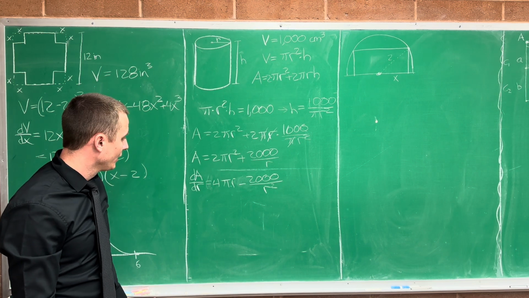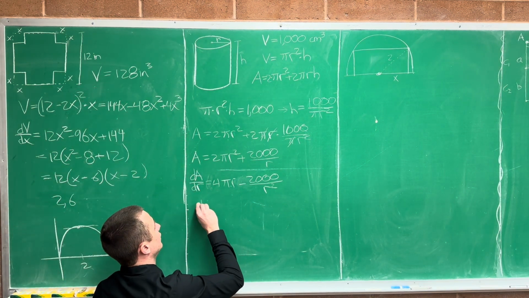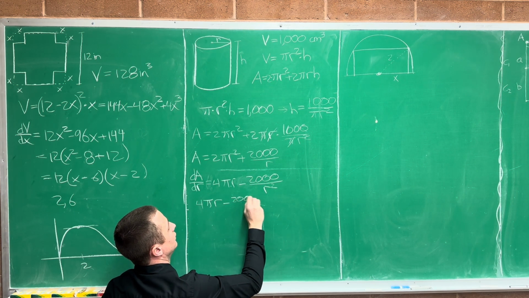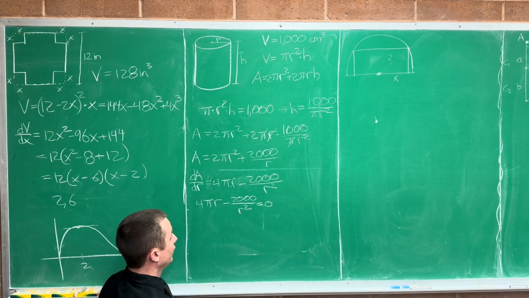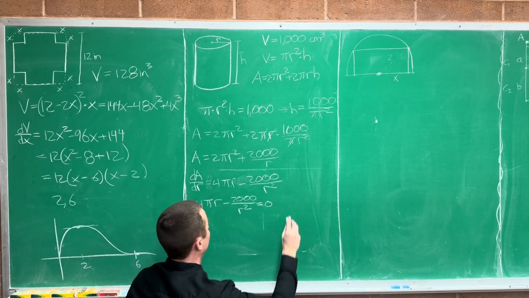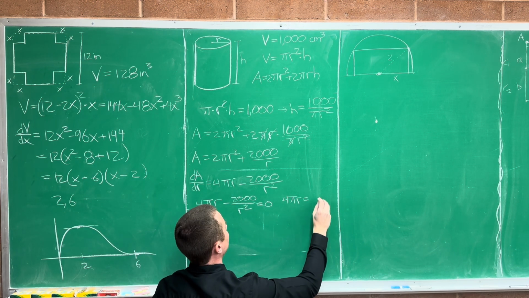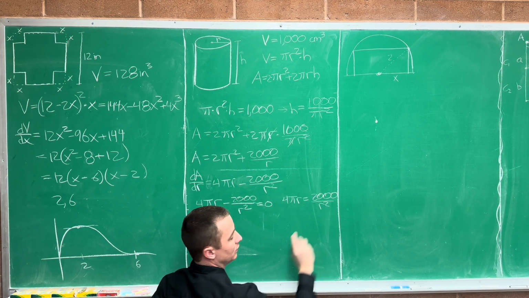Okay. Now, where is this equal to 0? So I want to know where is 4 pi r minus 2,000 over r squared equal to 0. That's going to happen when this equals that. Just move that to the other side. So that is going to be when 4 pi r is equal to 2,000 over r squared.